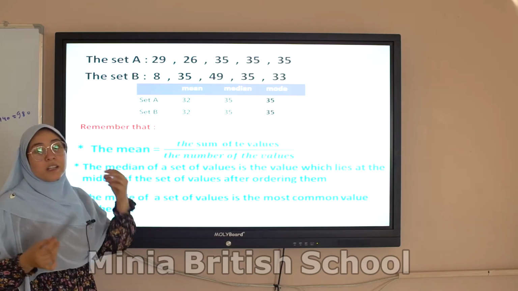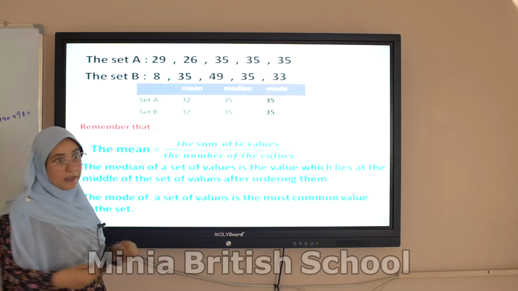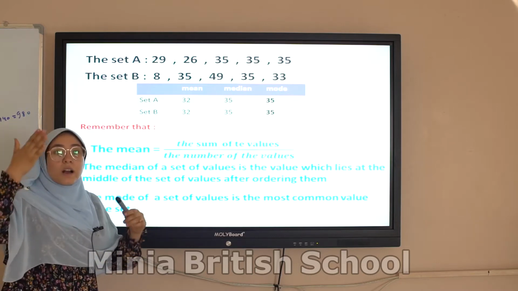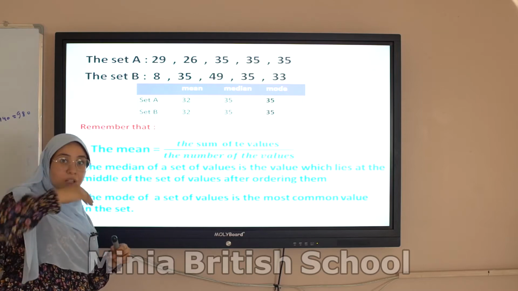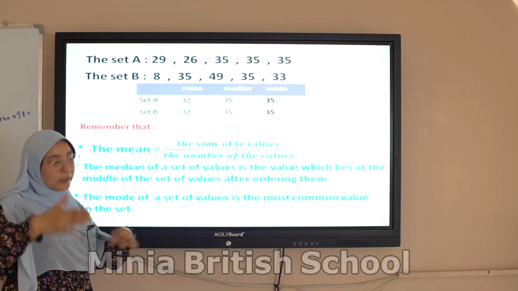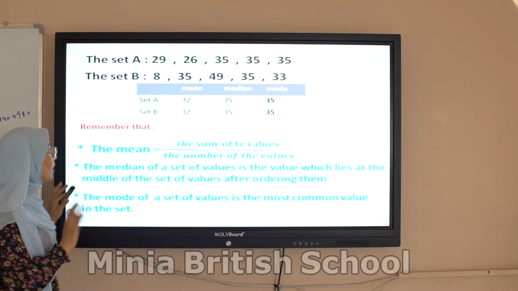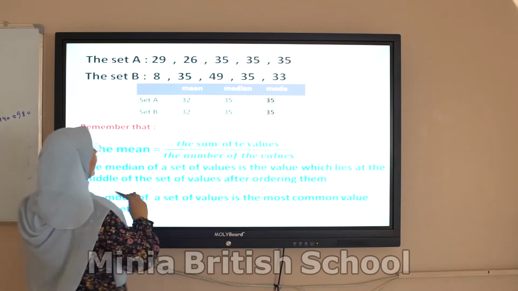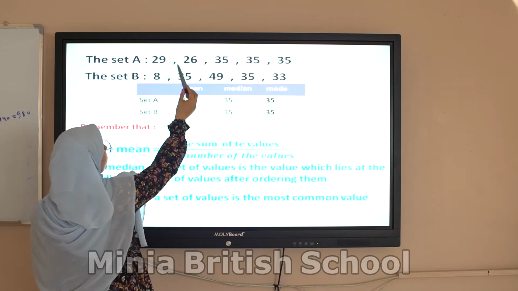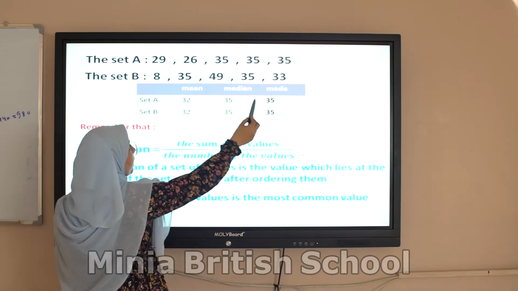Now, the median of set A. The median, I said what? The middle value in the set after ordering them, okay? Ascending, descending, I said both of them are right. So the median here is 35, okay? 26, 29, 35, 35, 35.